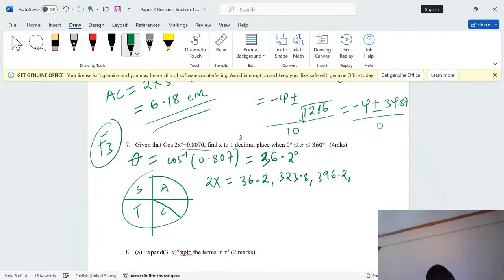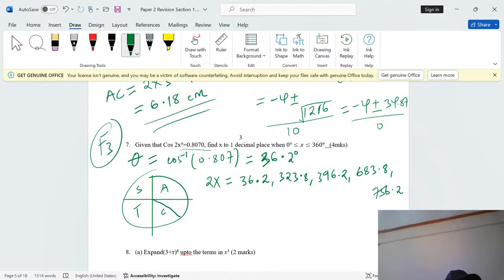When we make another complete cycle, the angle of 323.8 is going to become 683.8. And finally, the angle of 396.2 when we make a complete cycle will become 756.2. So all these are possible angles which have the same cosine.